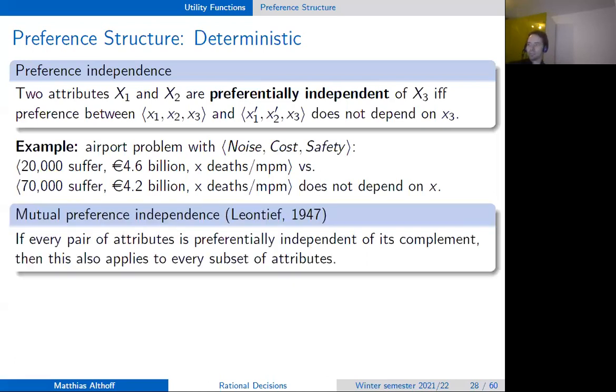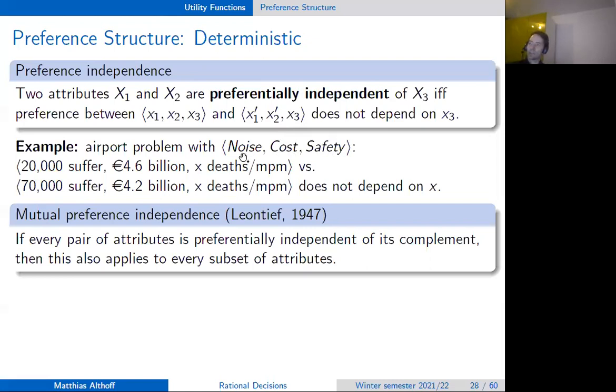Okay. So now if every pair of attributes is preferentially independent, so in our case, if noise and cost is preferentially independent of safety, or noise and safety is preferentially independent of cost, and cost and safety is preferentially independent of noise, then this applies to any subset.